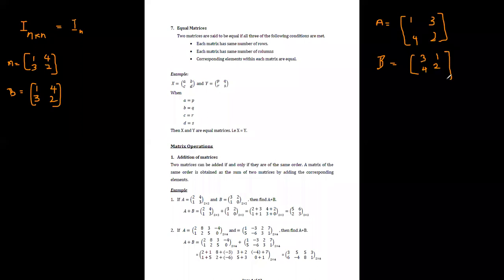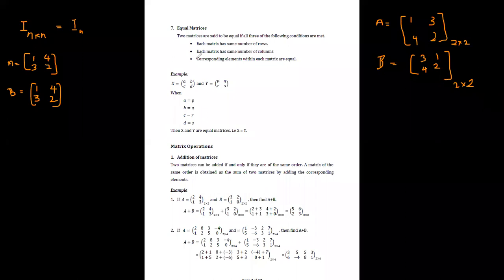If I consider these two matrices, you can see that this has 2 rows with 2 columns, and this also has 2 rows with 2 columns. The number of rows is equal, and both matrices consist of 2 columns. It means the second condition is satisfied, as the number of columns is the same.